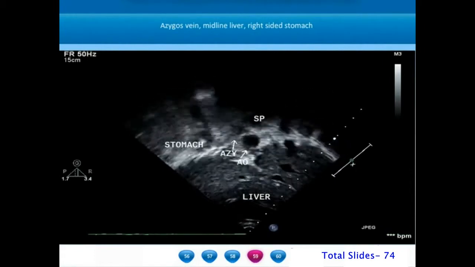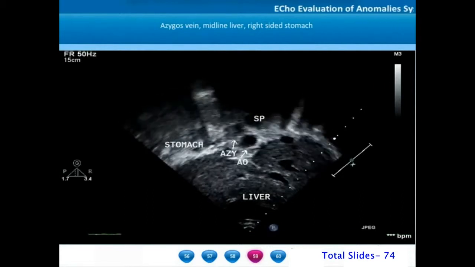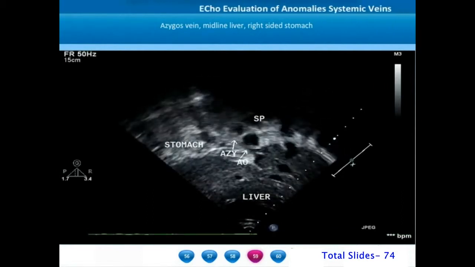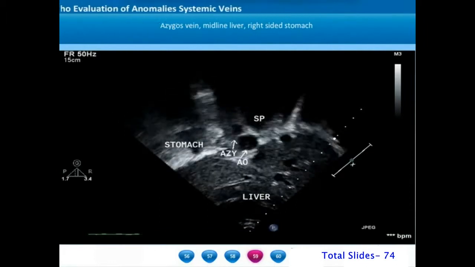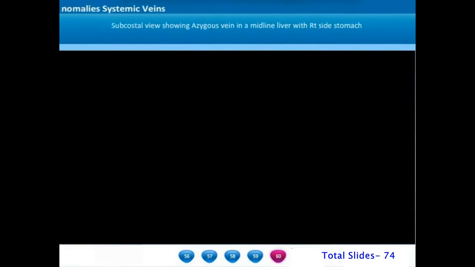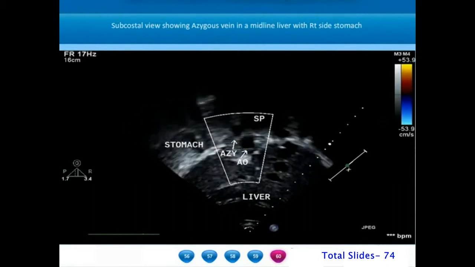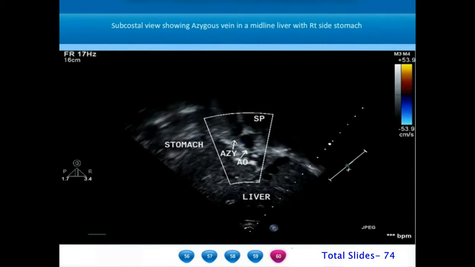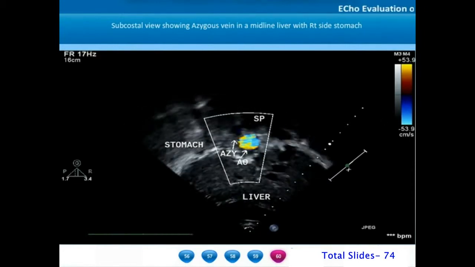We can also notice the abnormal position of the right side of the stomach. The liver is in midline in this patient with left isomerism. On a color flow imaging, we can notice the venous flows in the azygous vein and an arterial pulsatile systolic flow in the abdominal aorta.